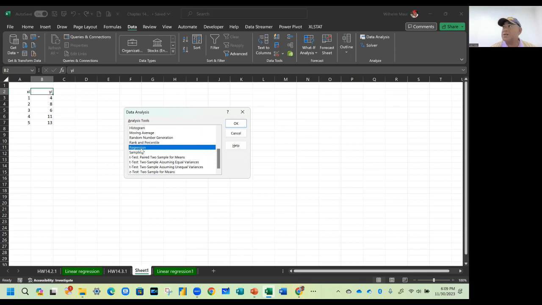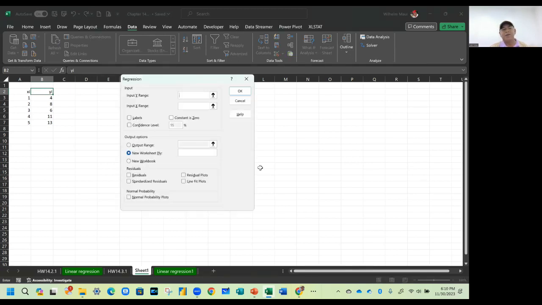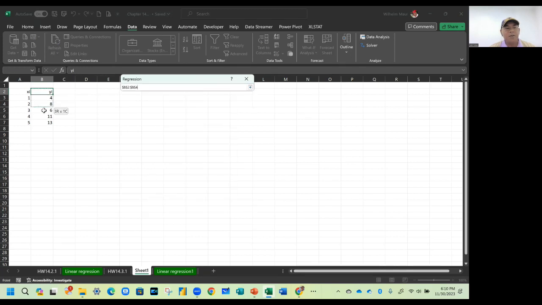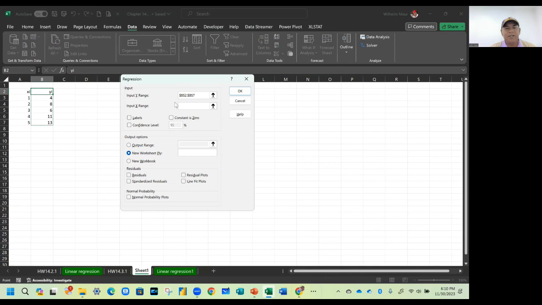So go find the regression and then open that, and then you're going to tell it where your y values are and where your x values are. And it's important that you put in the correct vector for the independent and the dependent variable, and then tell it you're using labels, and then let's see what's the confidence interval.